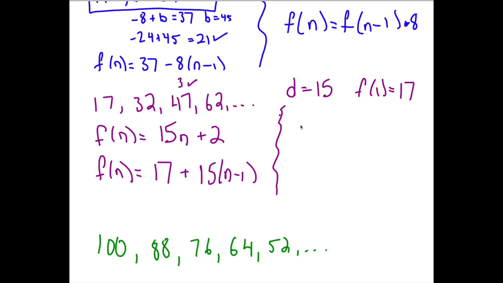Okay, recursive rule. First, I do the first term, which is 17. Then how do I start off the next line? I write f of n equals f of n minus 1, and then I write plus 15.